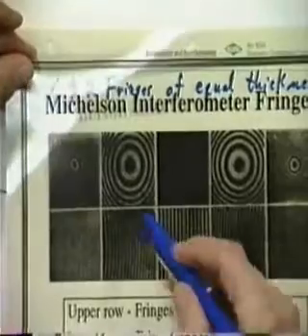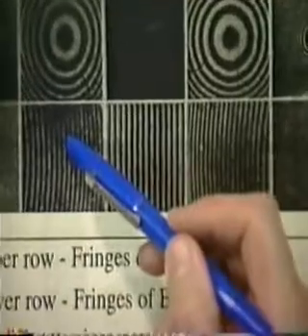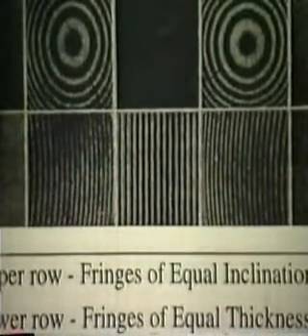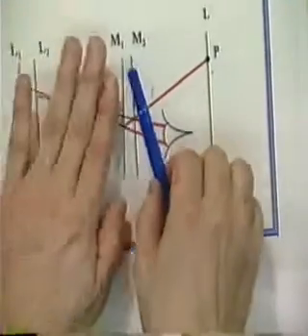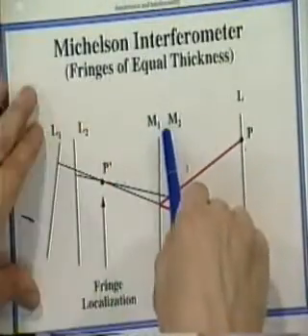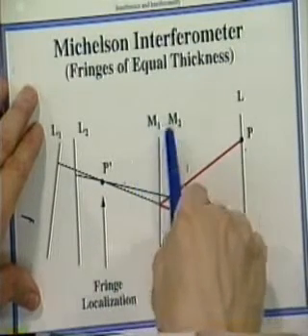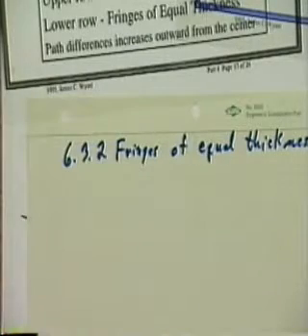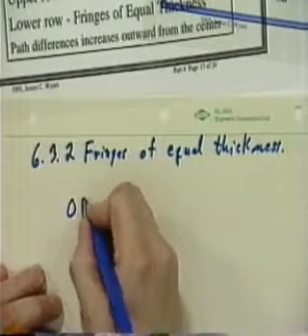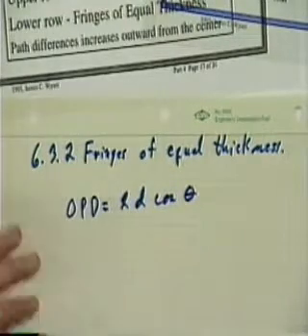Now, why are these curved this way and these curved this way? Remember, in one case, this is M1 and this is M2 like so, and then we've moved so it's the other way. So the direction of the wedge would be the opposite direction. And so if we think here for a second, OPD is 2d cosine theta.